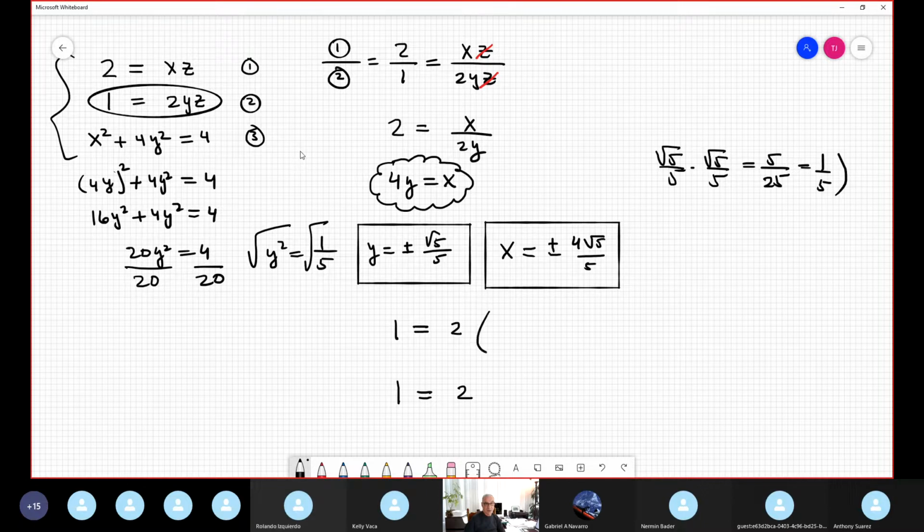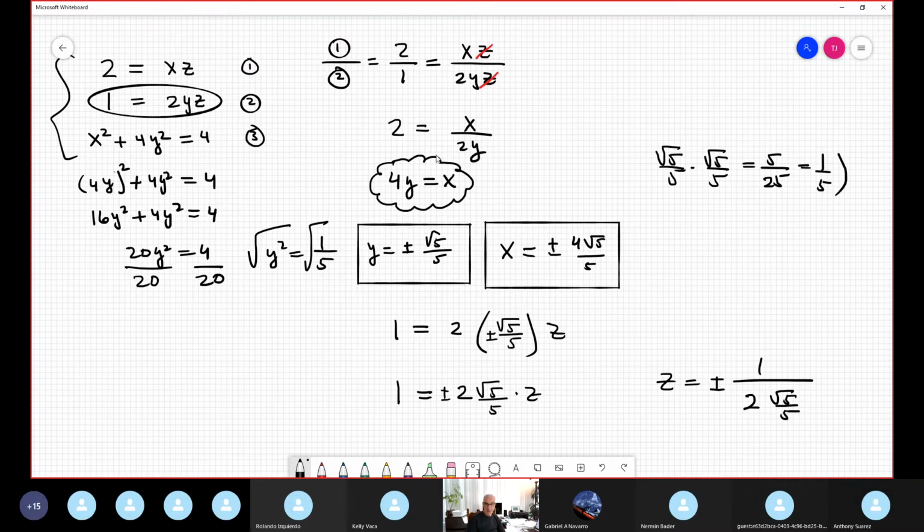So it's y. Y is radical 5 over 5 plus and minus. And multiplication by c. 2 plus or minus 2 radical 5 over 5 times c. Therefore, c is, cross multiply, plus and minus 1 over 2 radical 5 over 5.